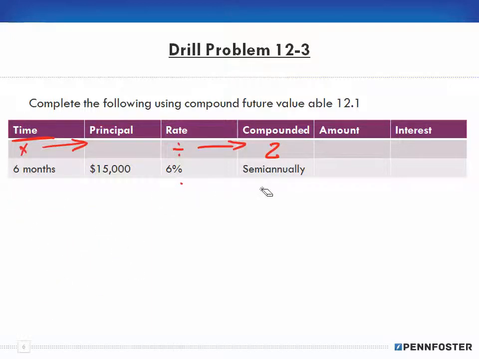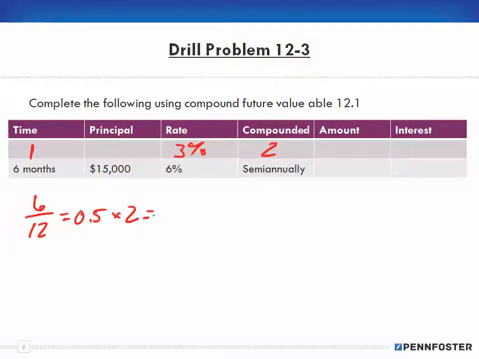Our interest rate is 3%, and this is compounded semi-annually, so our number of periods is 1 because it's already half of the year. 6 months over 12 months is 0.5, and you multiply that by 2, which gives you 1 compounding period. That's the math, the theory behind it.